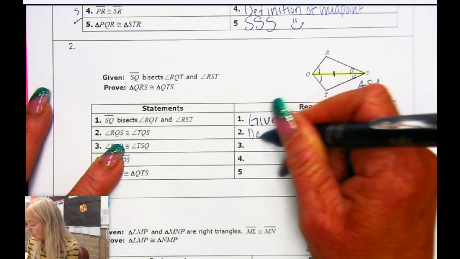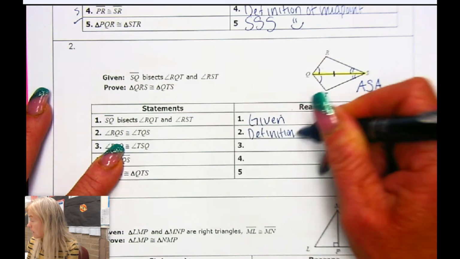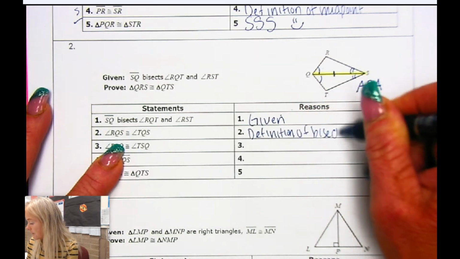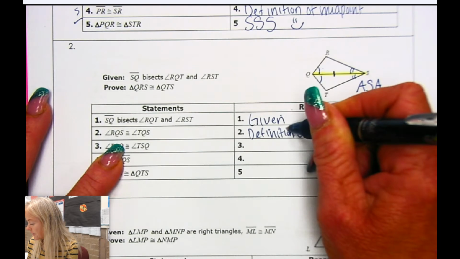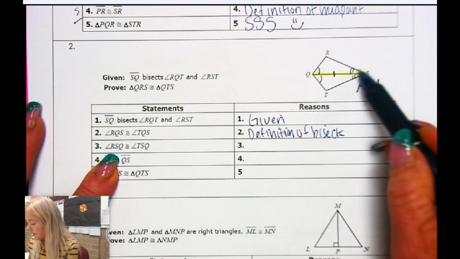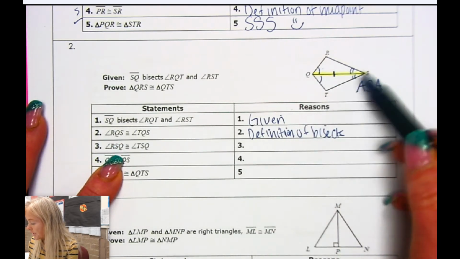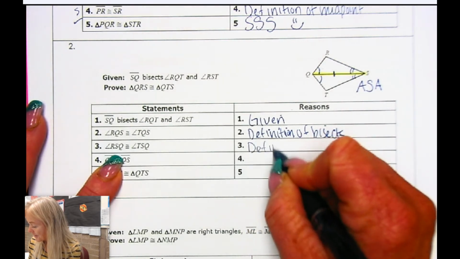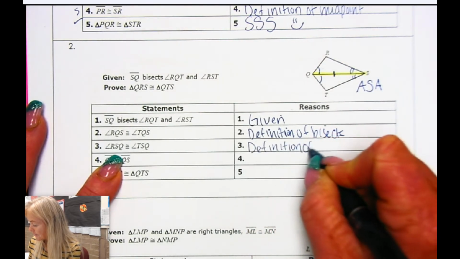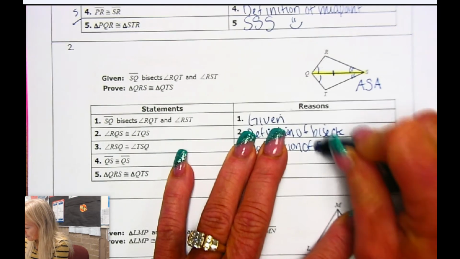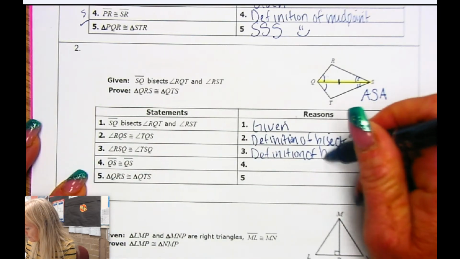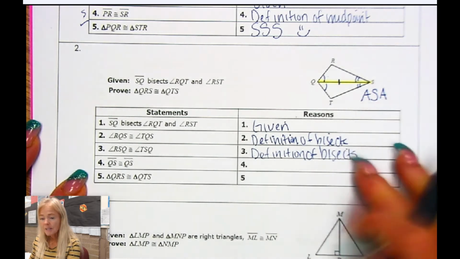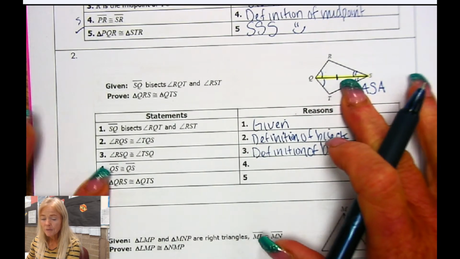So, definition of bisects. All right. And then RSQ is congruent to TSQ. These two are congruent by the same thing, definition of bisects. All right, so by definition of bisector, the two angles are congruent.